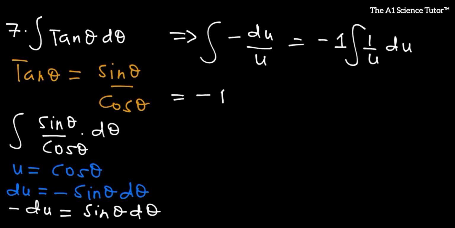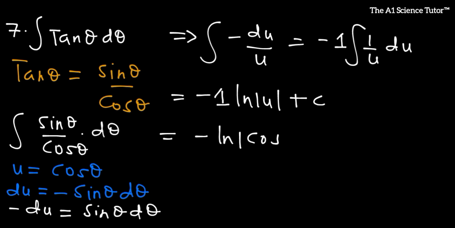So this is negative 1 multiplied by ln u, right? Plus c. Now u has been written as a cosine theta, so that should be resupplied there. So this should be the answer to the question.